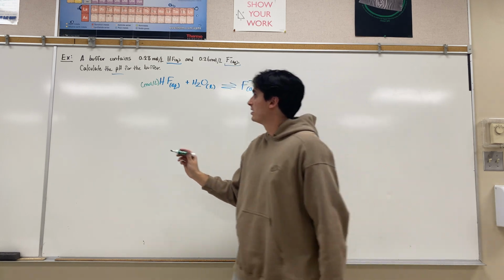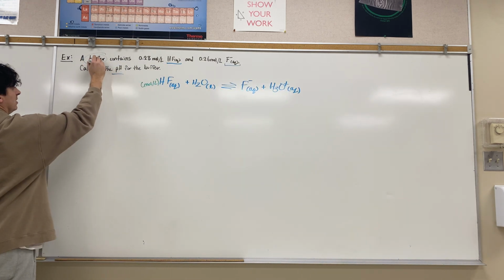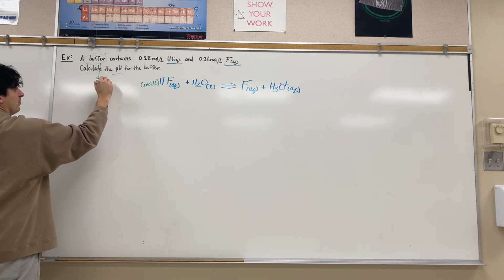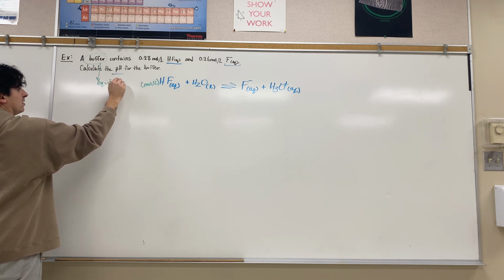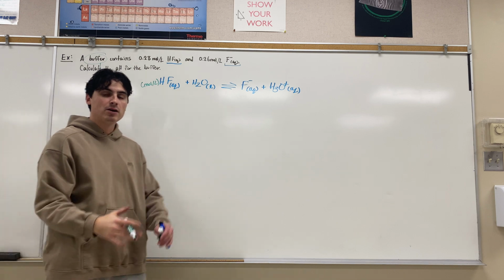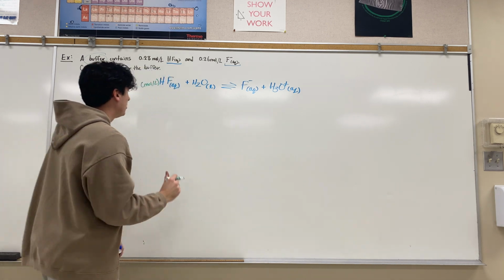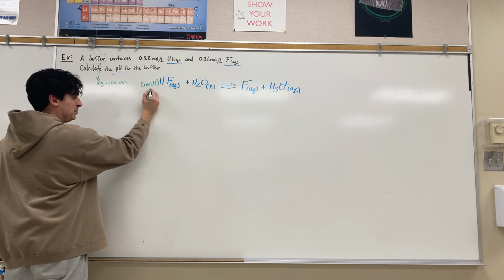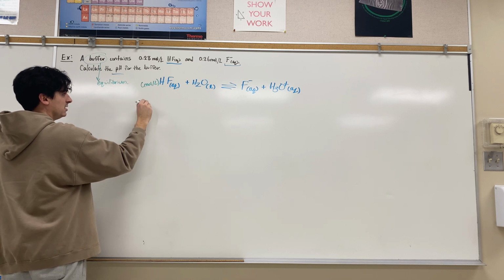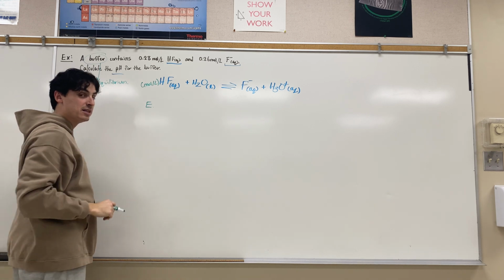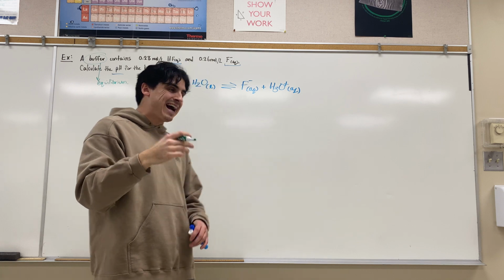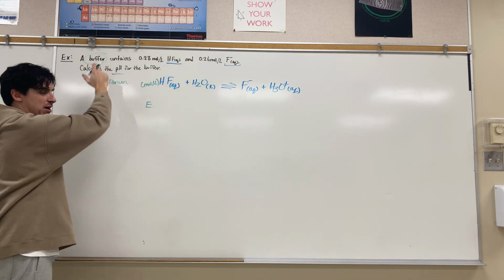The key point here, guys, is that if you have a buffer, you are at equilibrium. If you're at equilibrium, you can skip the I, you can skip the C, and you can go straight to the E, because we're already at equilibrium because we have a buffer.